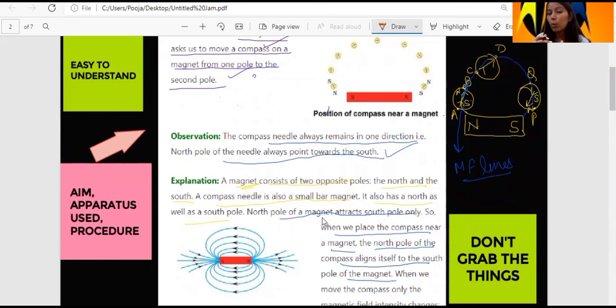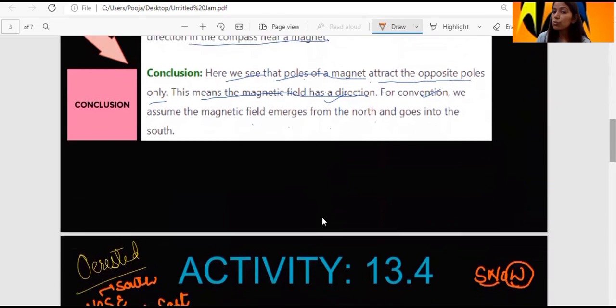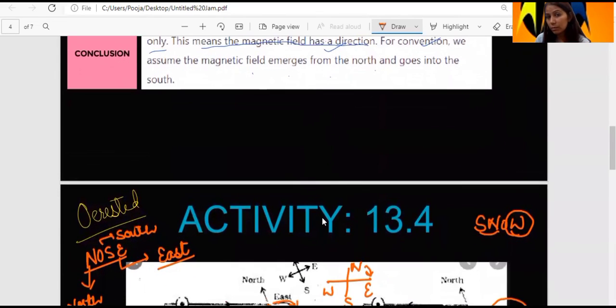Like poles always repel and unlike poles always point towards each other. So in this case we concluded that when the poles are opposite to each other, they attract, and the magnetic field has one direction only. The direction of the magnetic field lines always emerges from north and goes towards south.